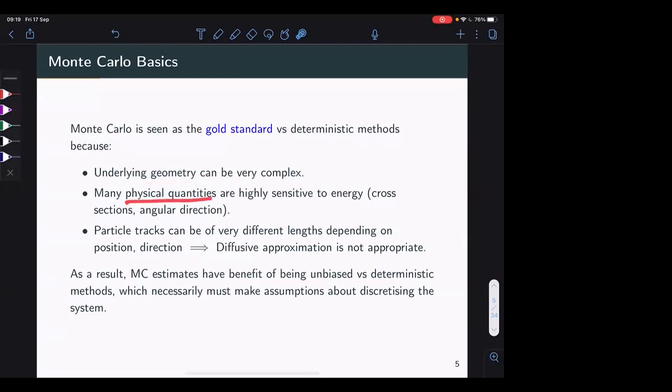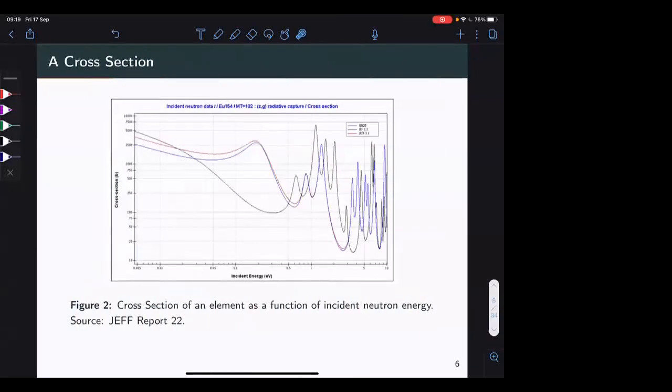Many of the physical quantities we're going to look at are highly sensitive to the energy. I've got a slide in a second and I'll show you what that means. So this is what's called the cross section. This is from one of the nuclear data libraries. Energy here you can think of as the velocity of the incoming neutron.